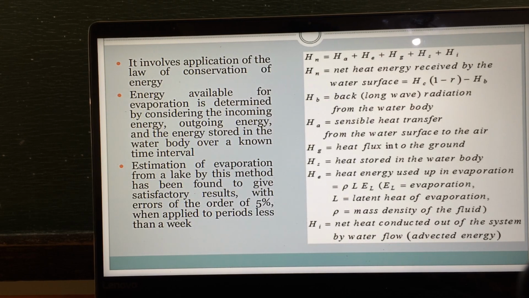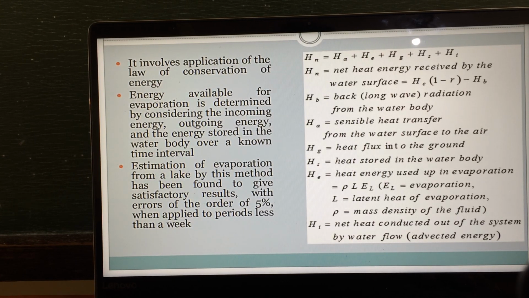H sub N is equal to H sub A plus H sub E plus H sub G plus H sub S plus H sub I. H sub N stands for net heat energy received by the water surface, which is equivalent to H sub C times the quantity of 1 minus R minus H sub B. H sub B is equal to back or long wave radiation from the water body.